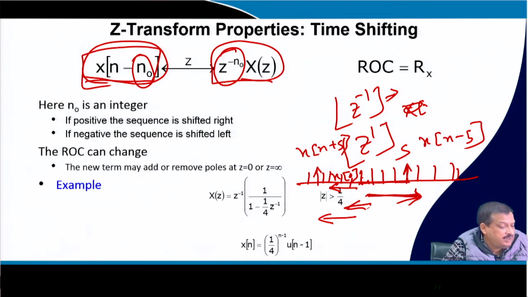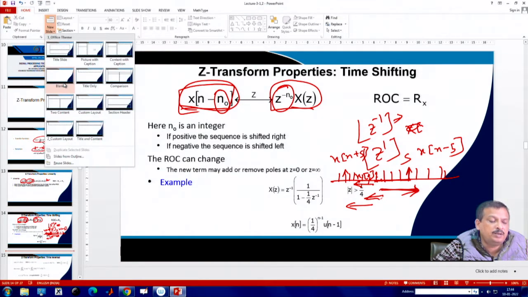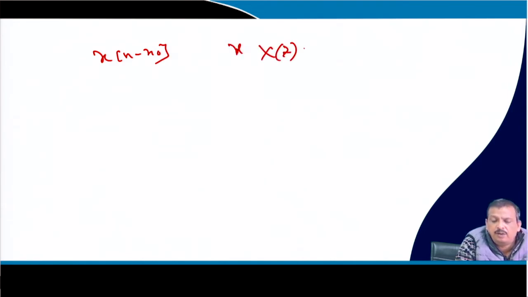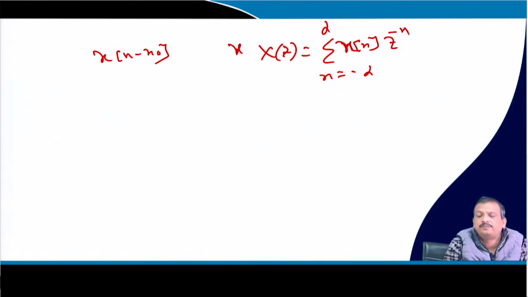If I want to prove it mathematically, no problem. My signal is x(n minus n0). I know X(z) is the sum from n equals minus infinity to infinity of x(n) z to the power minus n.